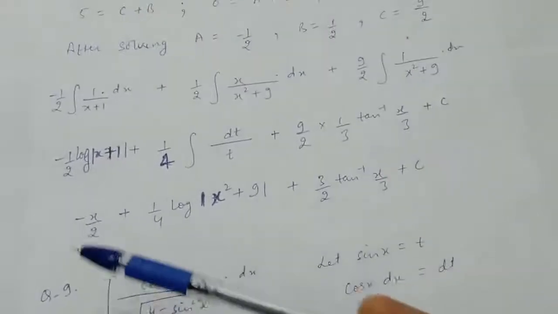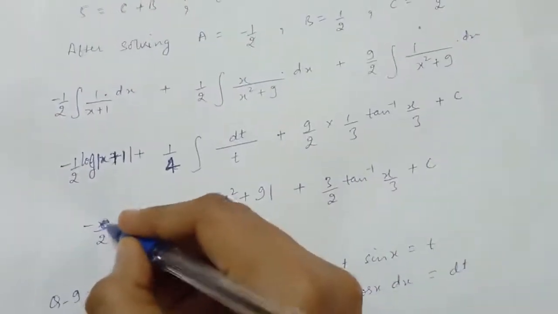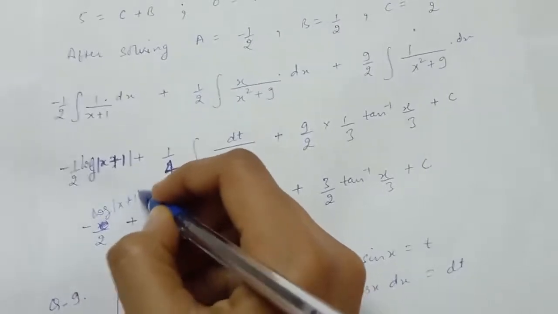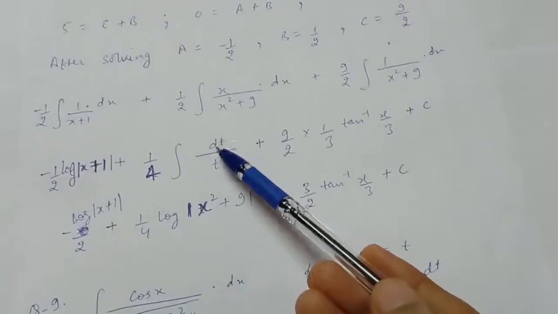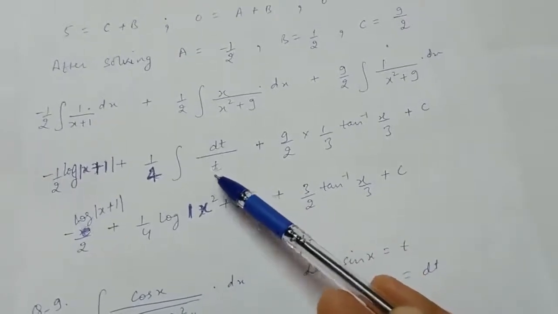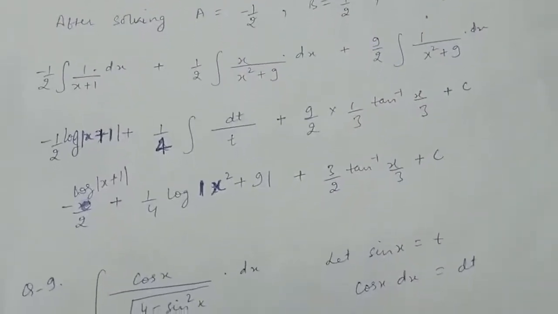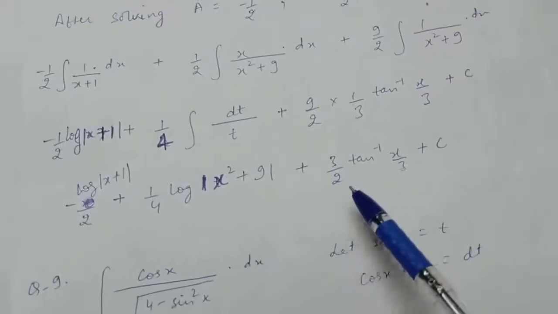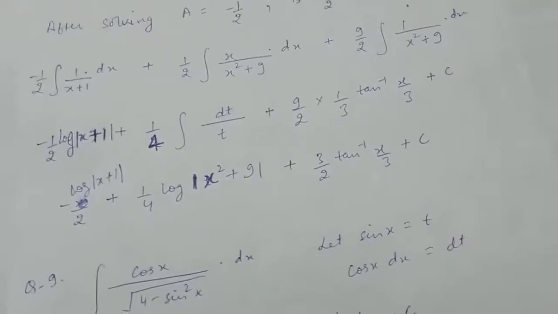Solve it, you will get minus log mod of x plus 1 plus 1 by 4. Integral of 1 by t is log mod t, but t we assumed as this x square plus 9. So write down log mod of x square plus 9 plus this will become 3 by 2 into tan inverse x by 3 plus c, right?